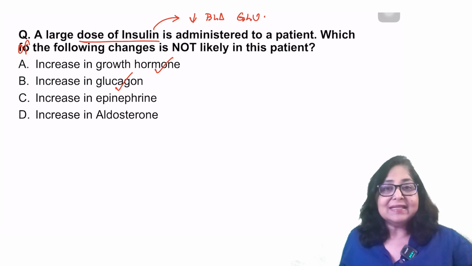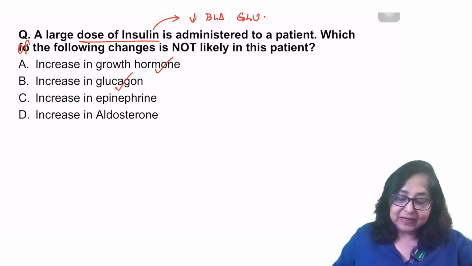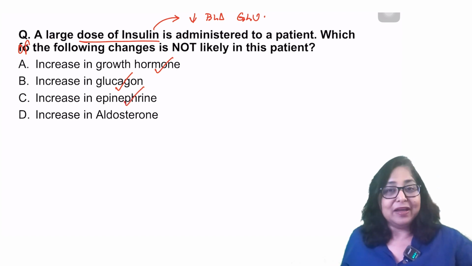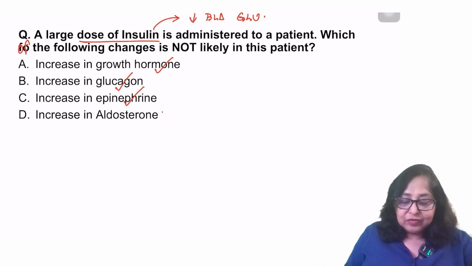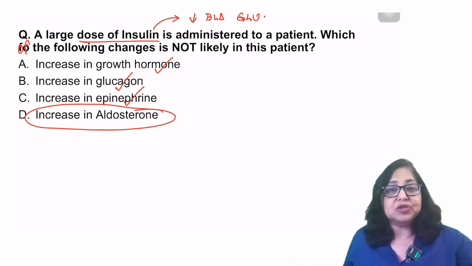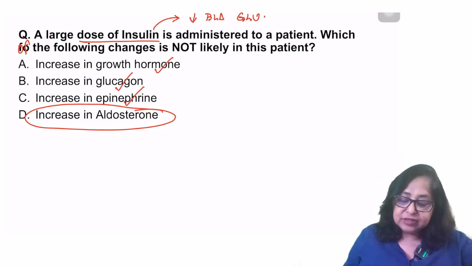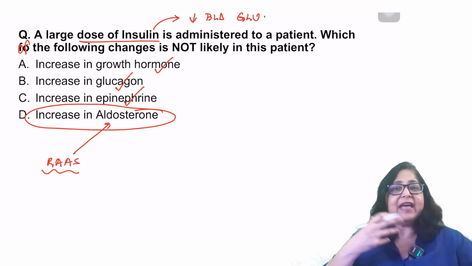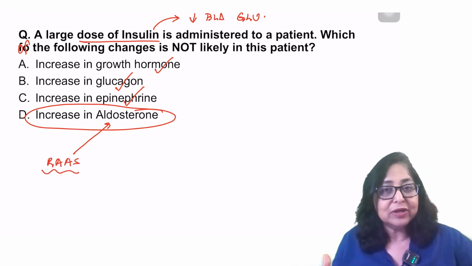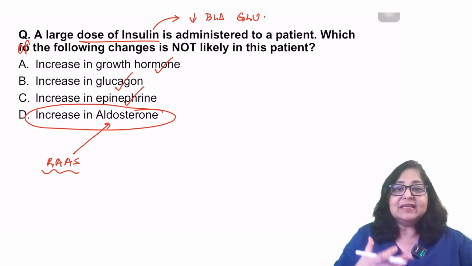And hypoglycemia is a stressful situation. There will be increase in catecholamines, so increase in epinephrine. But aldosterone will not show an increase. What causes increase in aldosterone is anything which increases the renin secretion: hypovolemia, hemorrhage, hypotension, hyponatremia. All these will increase renin.